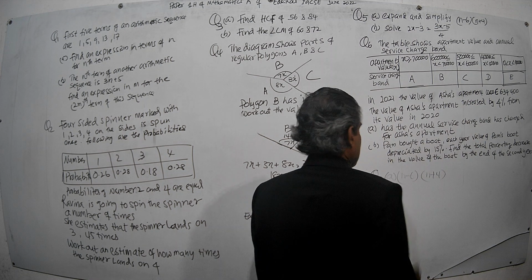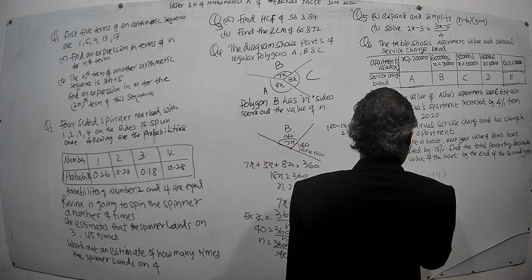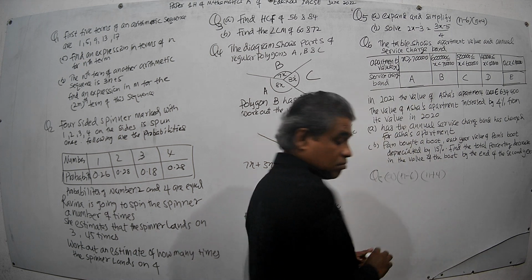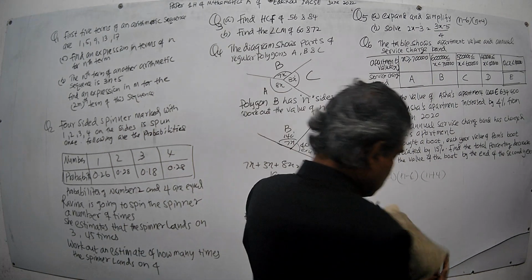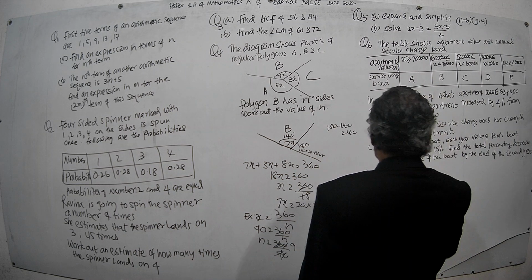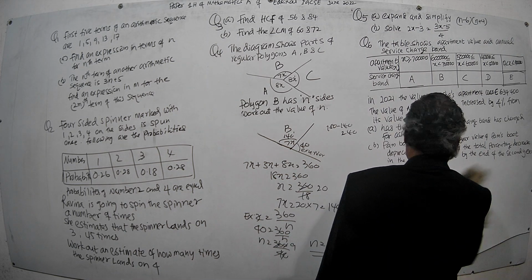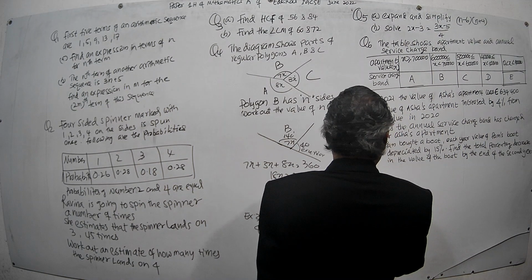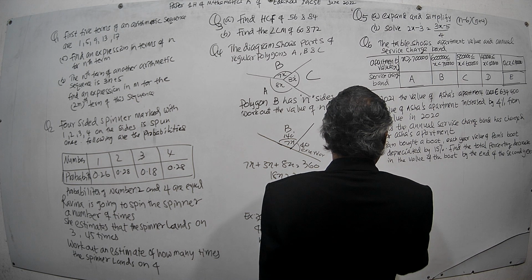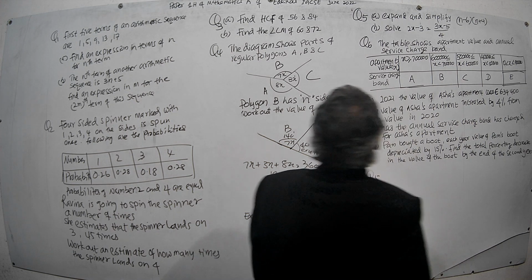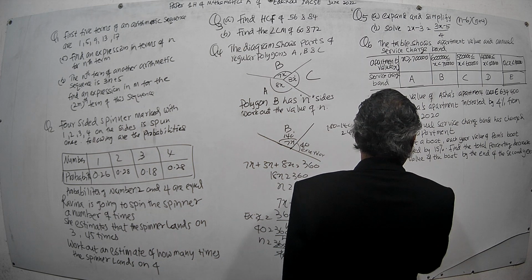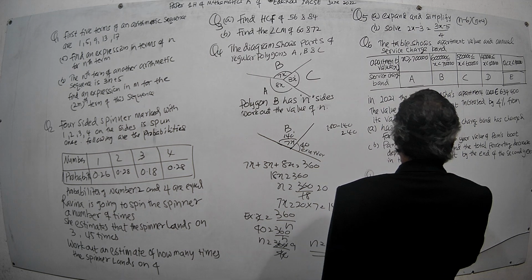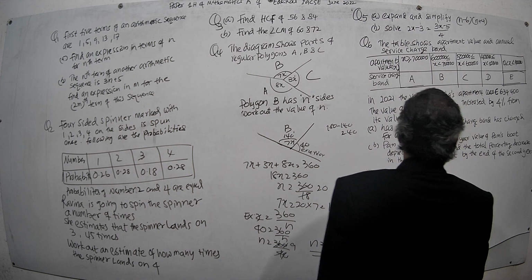In part A, expand and simplify, that's n minus 6 and n plus 4. Okay. Then we'll expand this.